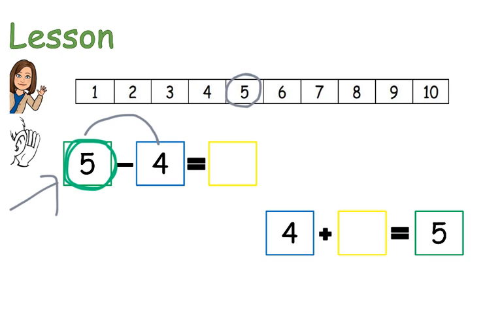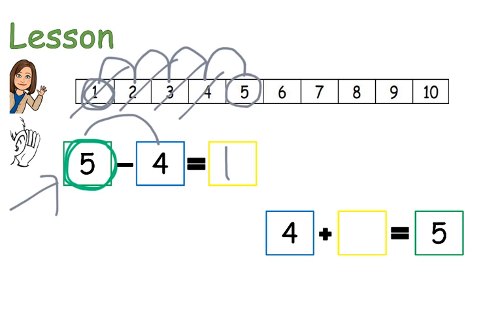What I'm going to do is hop down 4 times. And I'm going to show you. Ready? You start at 5 and you hop 1, 2, 3, 4. And what number did I land on? 1. So 5 take away 4 equals 1.